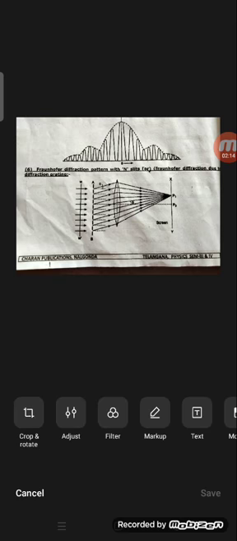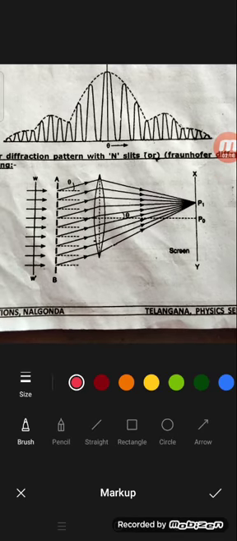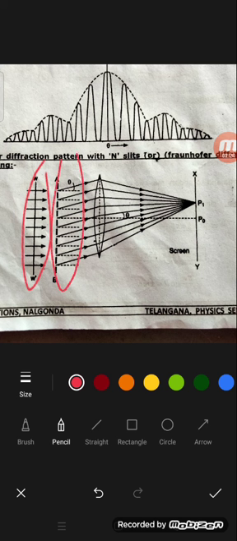Now in this diagram we are using the wavefront, which forms the primary and secondary wavelets, and also the diffraction grating. The wavelets moving in the direction of the light will be formed at P dash, known as the secondary wavelets.